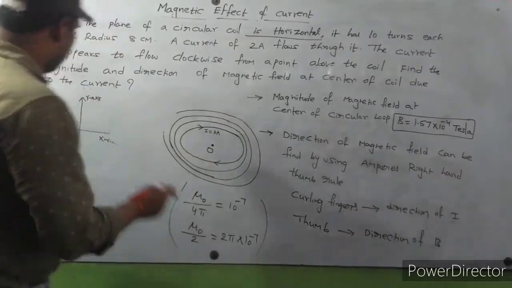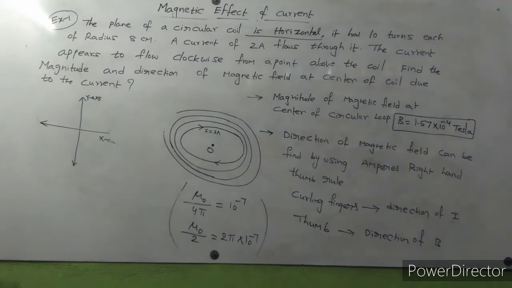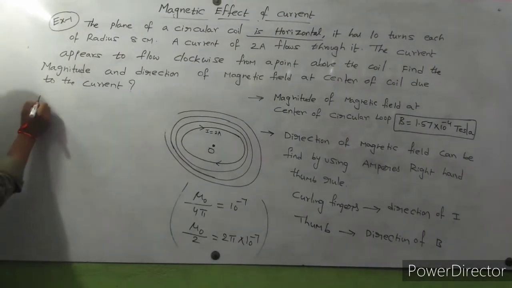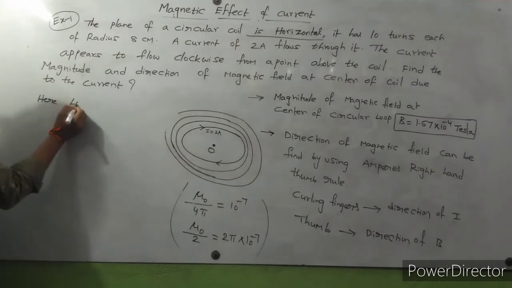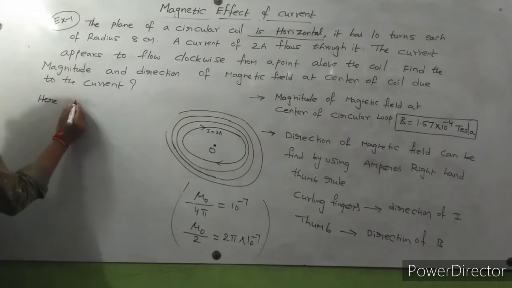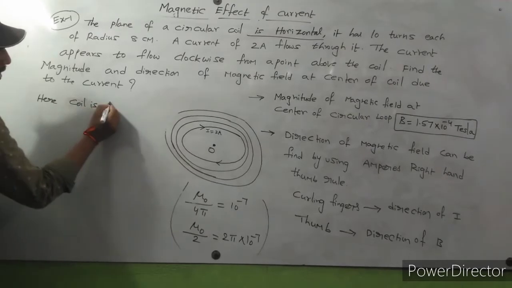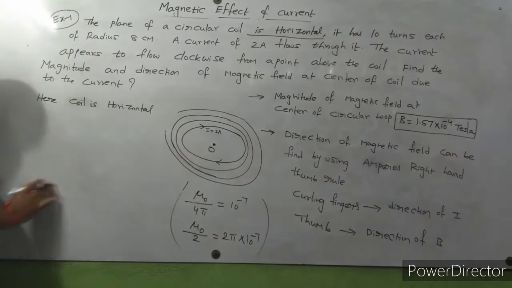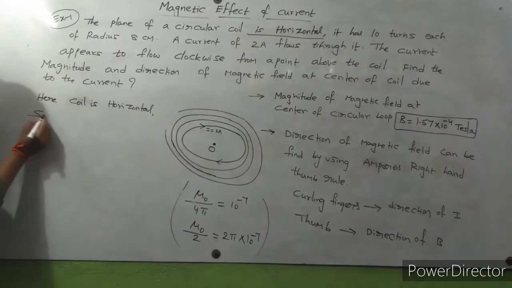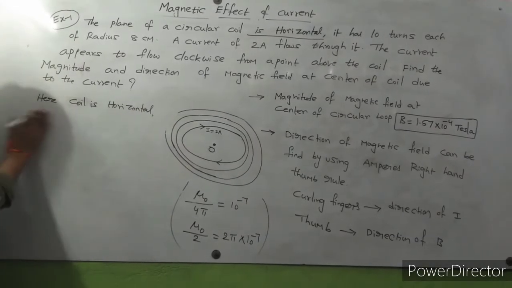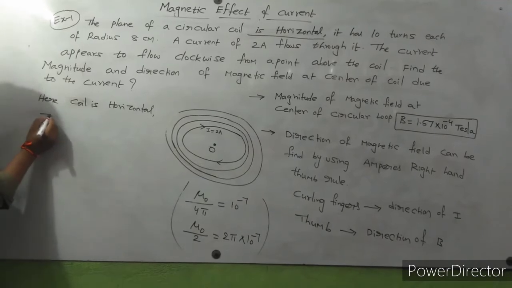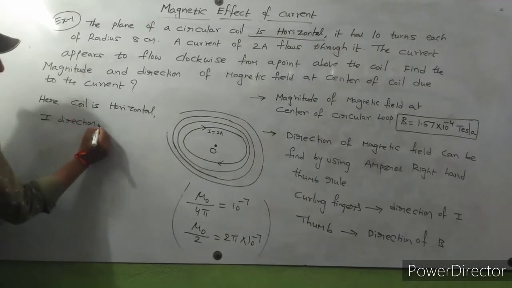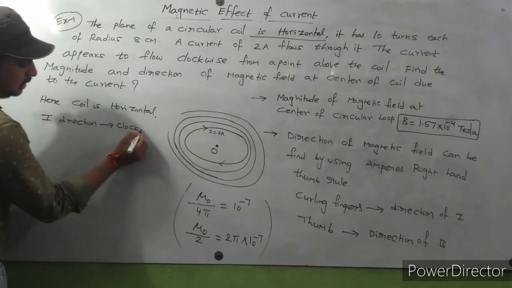So according to this diagram, the coil is horizontal and the current direction is clockwise.